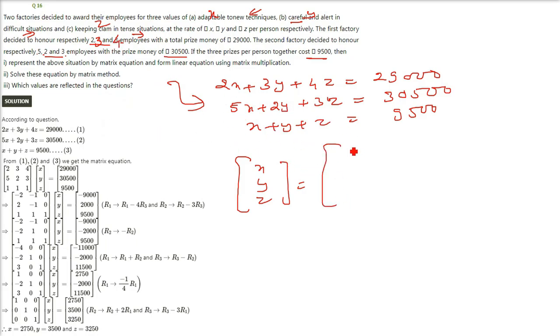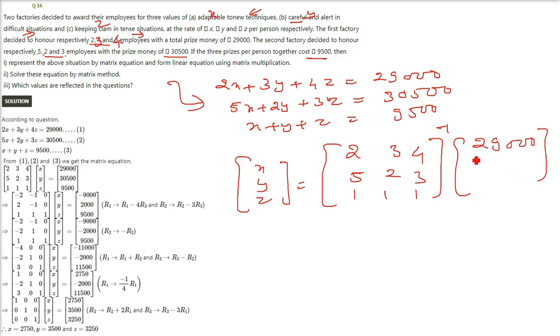These constants are quite big numbers. So first, if you want to multiply taking the inverse with this, it's up to you. But the better way to solve when you have the values which are so high, like this 29,000 and 30,500, is to solve it using the row transformation.